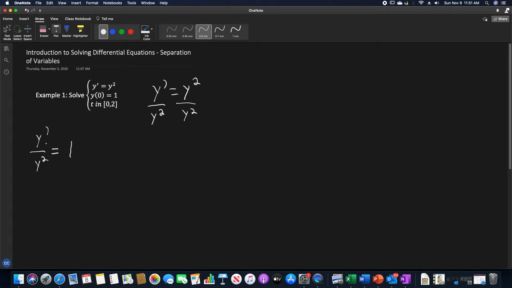And now we're going to integrate both sides. I'm going to integrate the left side with respect to y, and the right side here with respect to t, so dt.